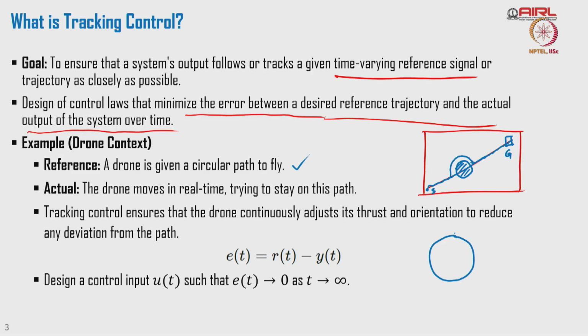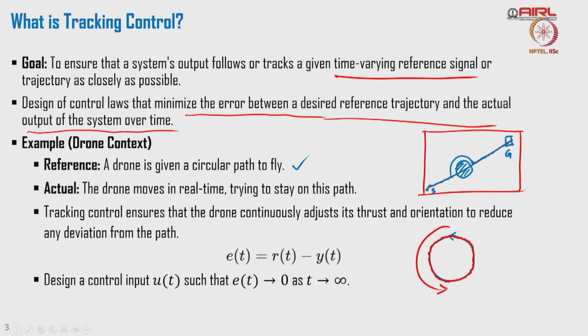Then the drone moves in a circular path to do the surveillance, and the expectation for tracking is that the drone, with minimum deviation from the predefined trajectory, keeps on doing the surveillance properly.